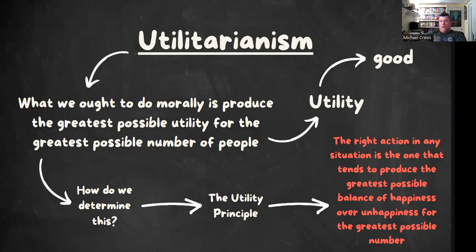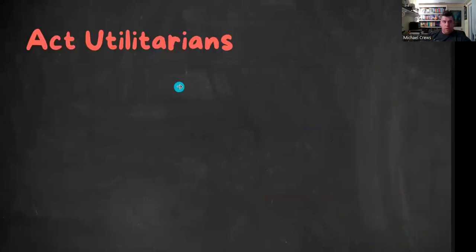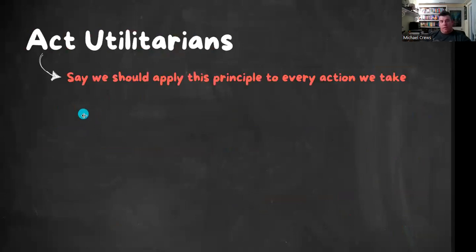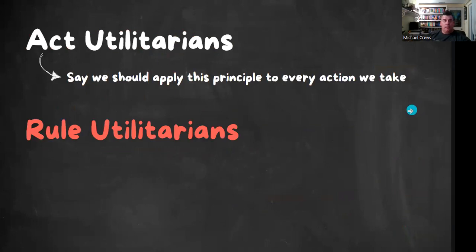So it resonates with some people, and some people don't like the idea that there are no individual rights in it, and that's fine. It's why we're learning about 8 different theories. If there was only one that everybody agreed on, it'd be called the way, and that would be the whole class. But this is the proper definition for act utilitarianism, right? Act utilitarians say we apply this principle to every action we take, and that's why it can be kind of hard line.